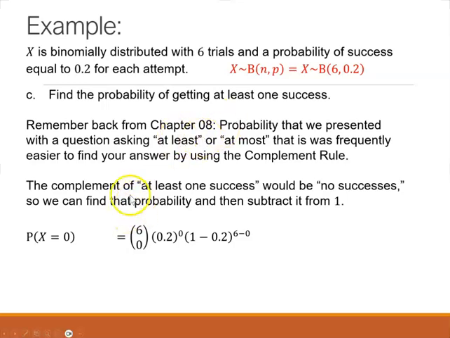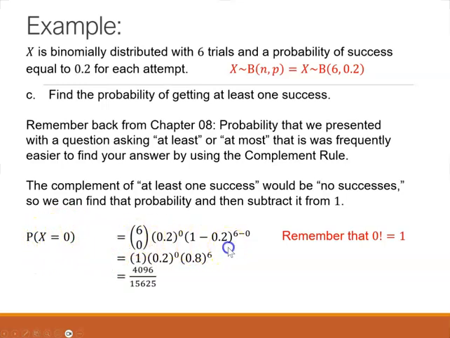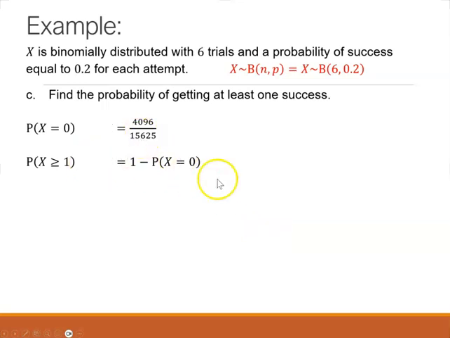So I'm going to turn this into 1 minus P of X equal to 0. And I can compute that real quick using my formula, again remembering that 0 factorial is 1. So this is the statement that we've made. So there's my answer. Everybody's okay there?